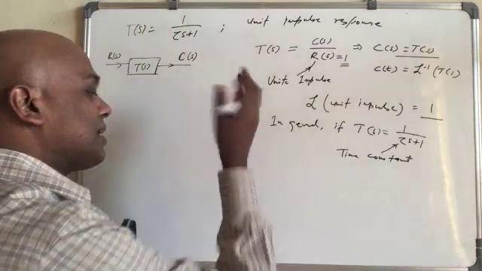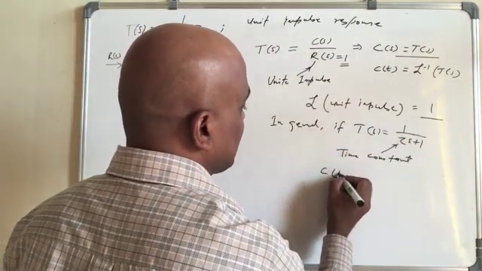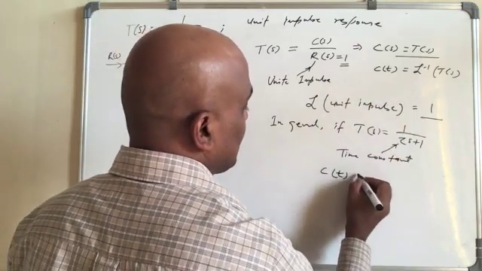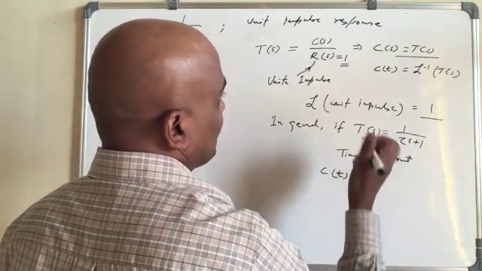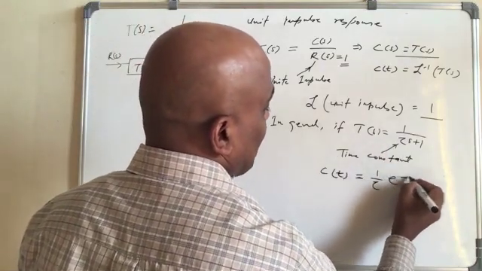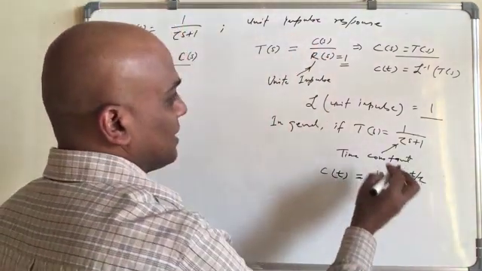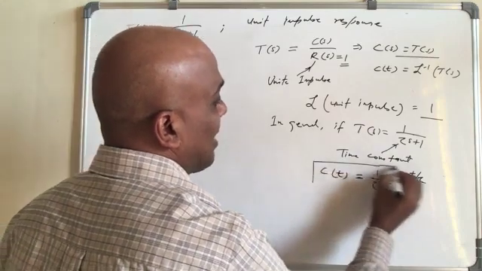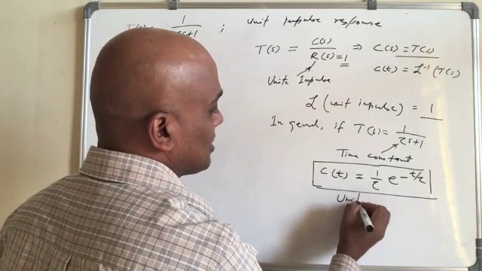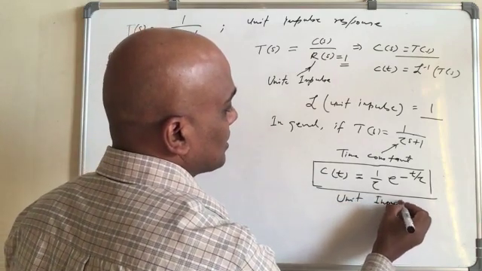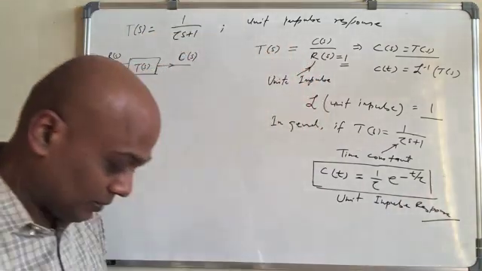So we will get Ct equal to 1 over tau e to the power minus t over tau, as we got earlier. This is the finding, and we call it the unit impulse response.